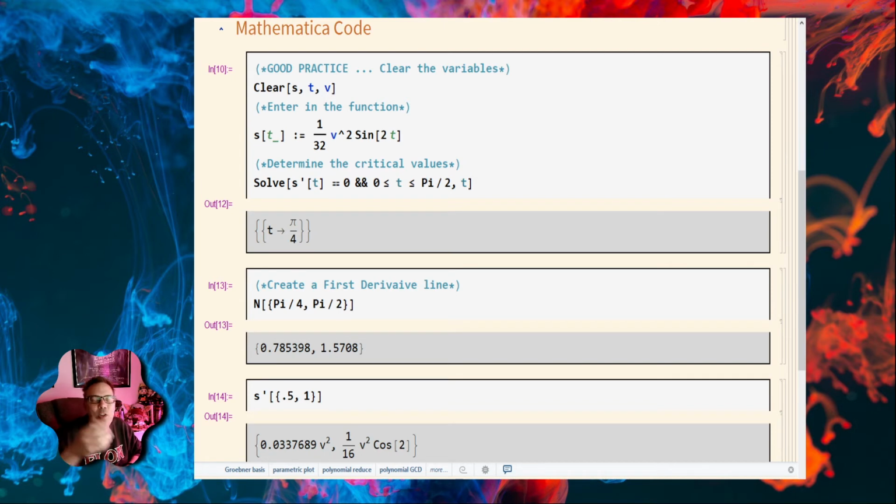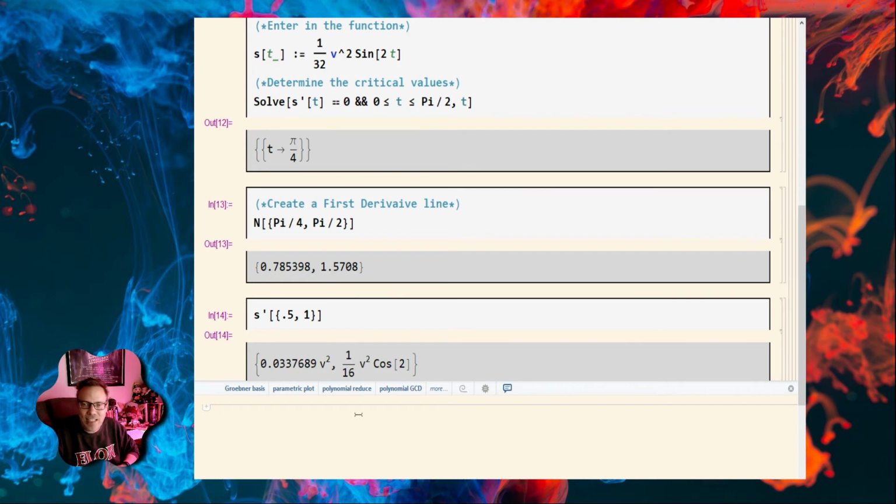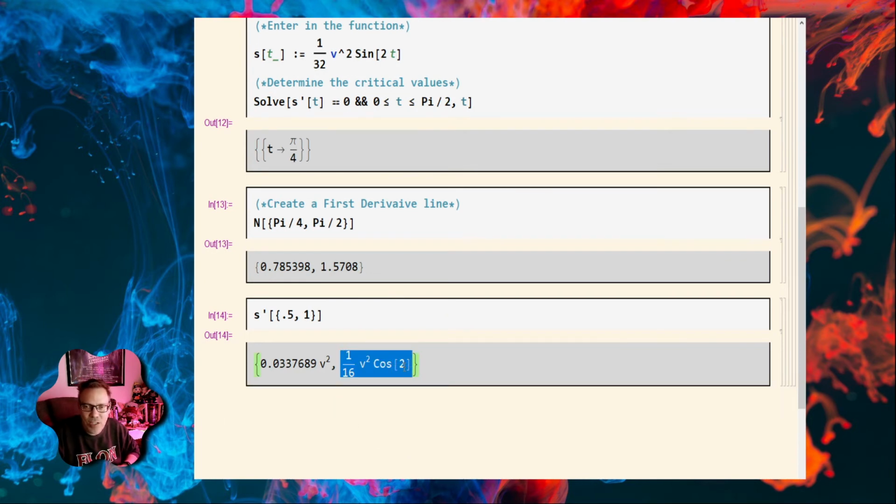Now, what do I know about v squared? V squared is going to be positive. I'm worried about positive and negative answers here. So the first output, 0.033 v squared, I know that's positive. So that's an easy one. But what about the second output? This second output has a cosine of 2 in it.